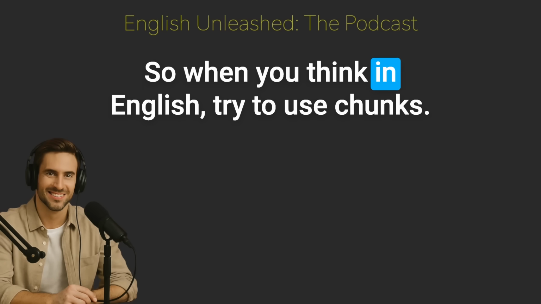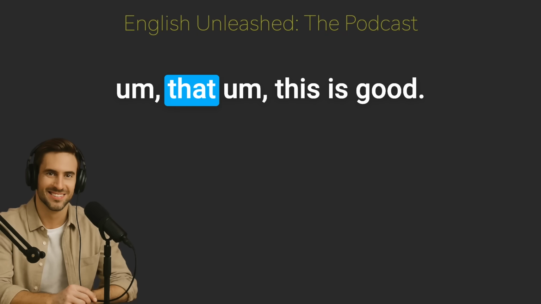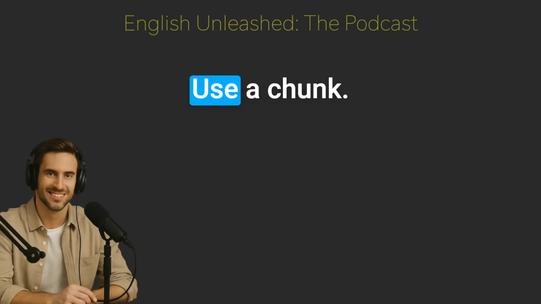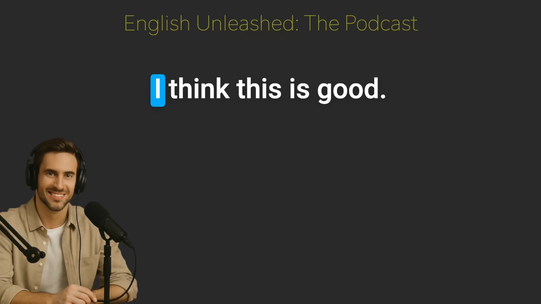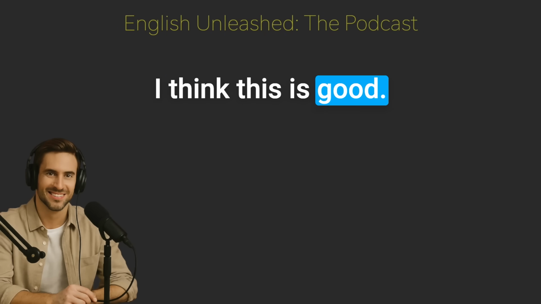So when you think in English, try to use chunks. For example, instead of thinking slowly and saying, I believe that this is good, use a chunk. I think this is good. That's a chunk. I think this is good.